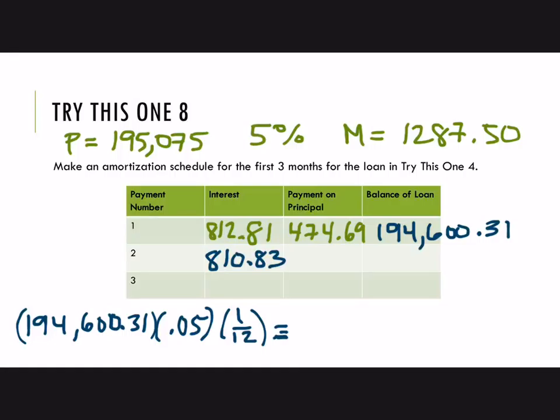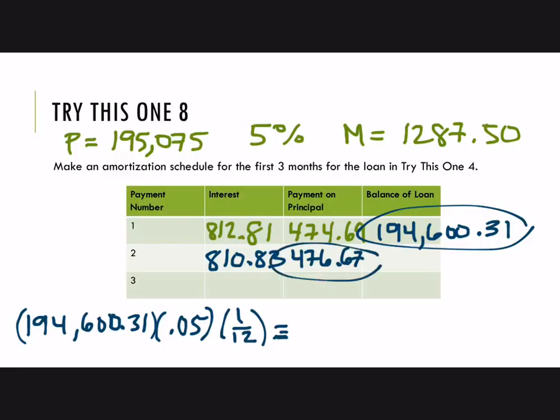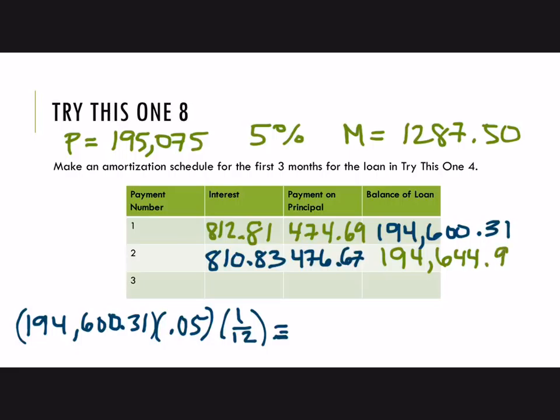All right, then the payment on principal, subtract $1287.50, the monthly payment, minus $810.83, and the amount that goes to principal is $476.67. All right, and then the new balance of the loan, take the previous balance, this number, $194,631, subtract $476.67, and then the new balance of the loan will be $194,644.99.